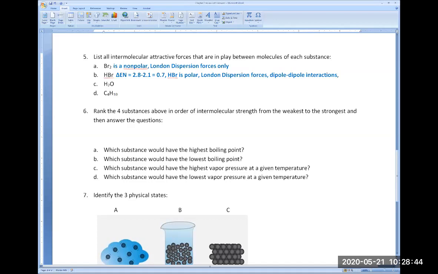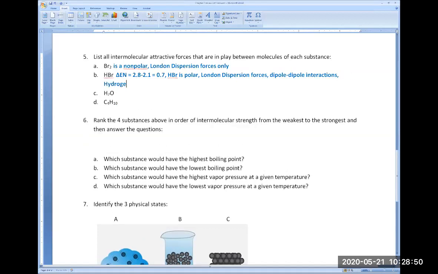Now, the question is, does HBr experience hydrogen bonding? No, because for hydrogen bonding, you need H to be bonded to N, O, or F: nitrogen, oxygen, or fluorine, the most electronegative elements.